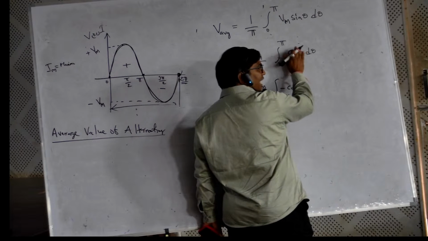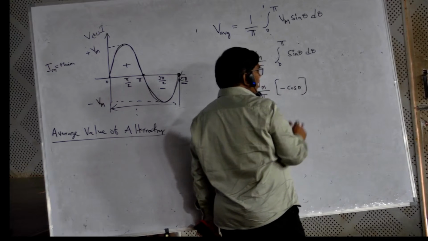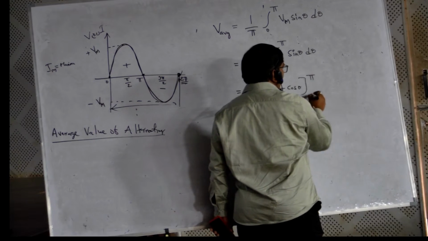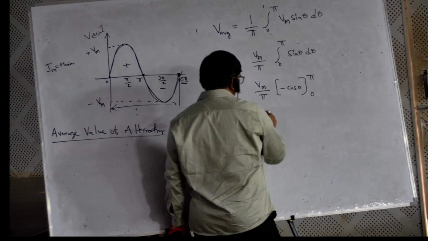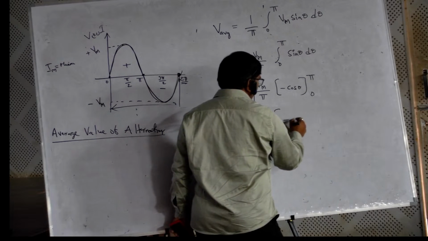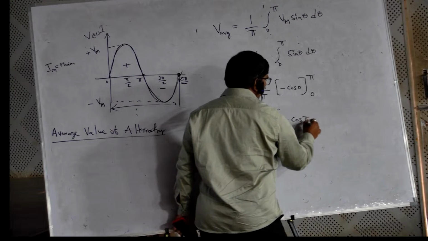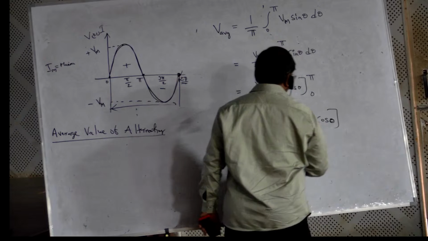Integration, I am integrating sine theta. Sine theta d theta is nothing but minus cos theta. After this we have to apply the limits pi and 0, which will become Vm by pi, minus cos pi minus cos 0. What is the value?